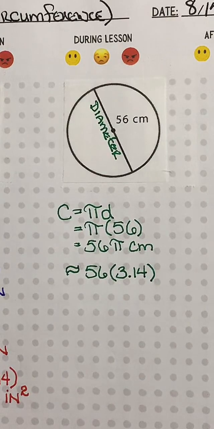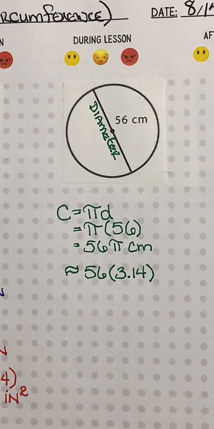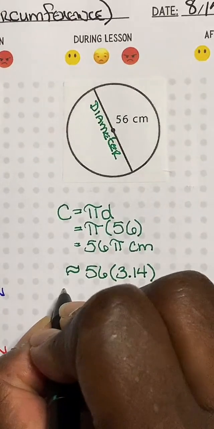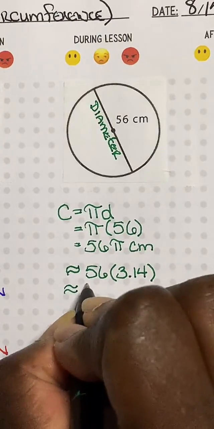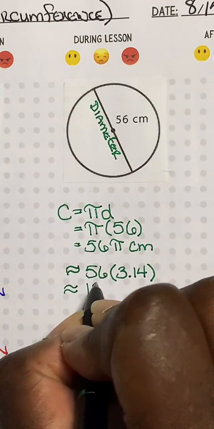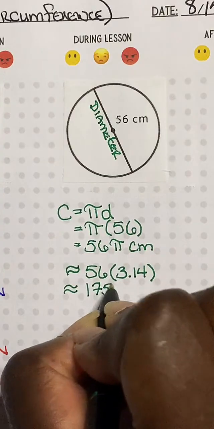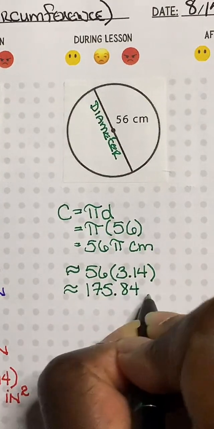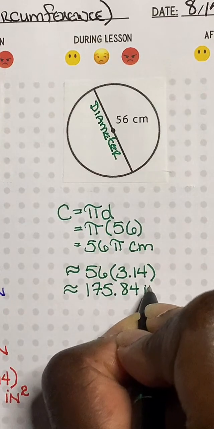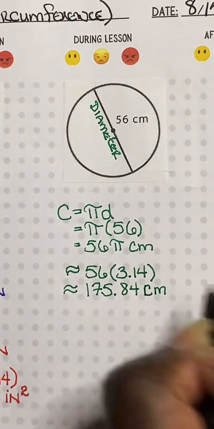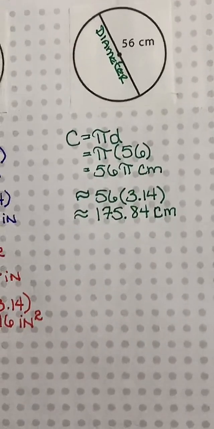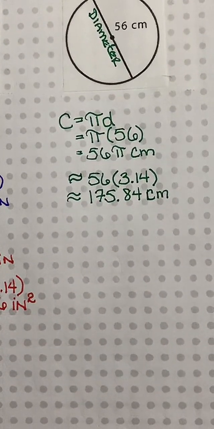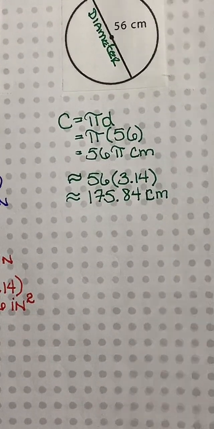So if you have your 56 times 3.14, we got our approximate of 175.84, just, not inches, centimeters. Okay. And that's all we have to do.